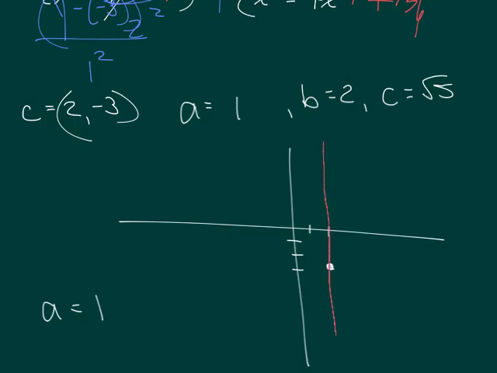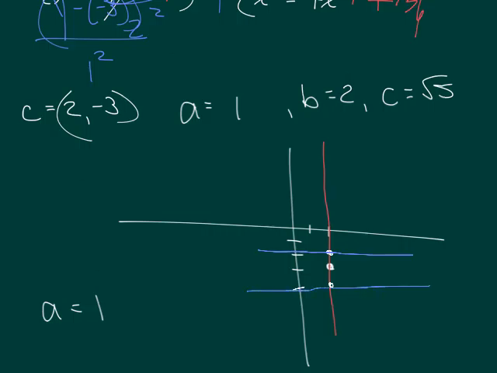And I know that my a is 1. So all I do is go up 1 from my center point to here, and down 1 from my center point there. And then remember I said we draw a line through my vertices here, or my a's, which ends up being my vertices.